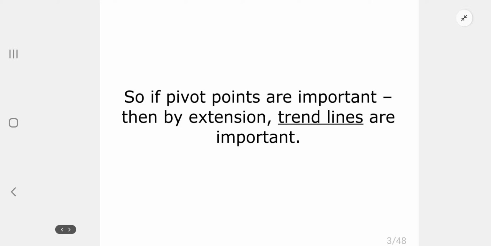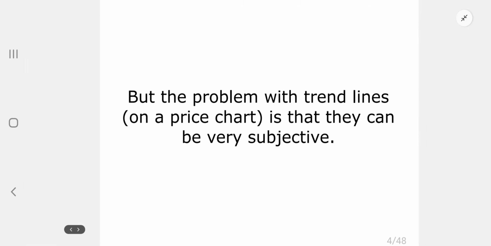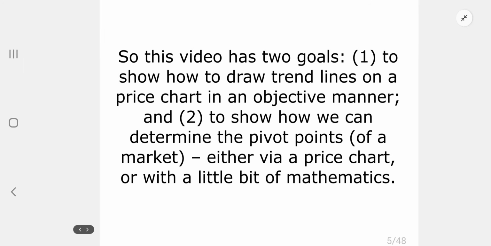So if pivot points are important, then by extension, trend lines are important. But the problem with trend lines on a price chart is that they can be very subjective. So this video has two goals.